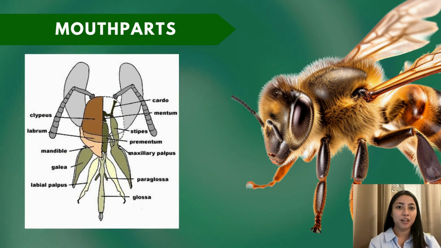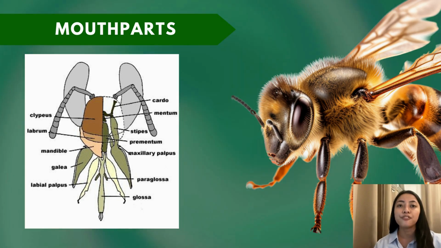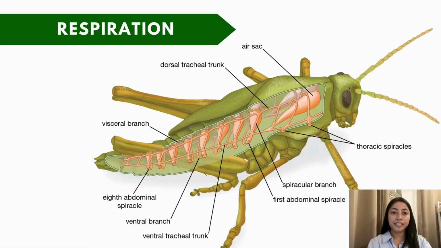Now we have the mouth parts. Usually, arthropods have diverse mouth parts adapted to their feeding habits. Insects, for example, can have chewing, sponging, or piercing-sucking mouth parts, while arachnids like spiders possess fangs for injecting venom into their prey.